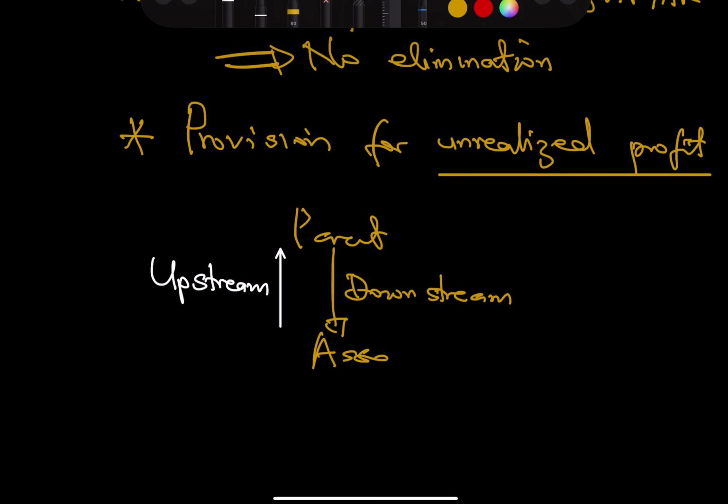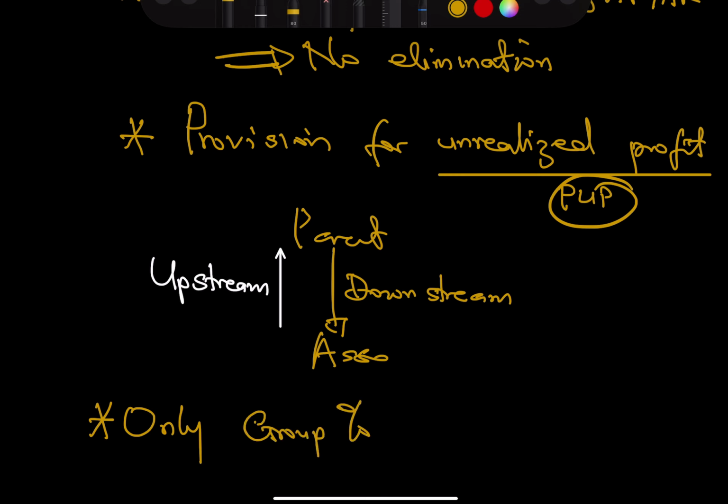We're going to look at how we need to manage this type of transaction. But the first thing I'm going to tell you is, please note that when we make an adjustment for unrealized profit, we only take into consideration the group proportion, so only the group percentage of unrealized profit is adjusted.